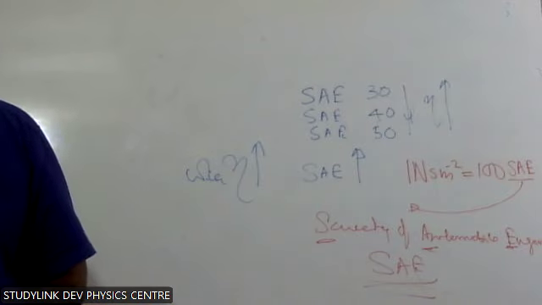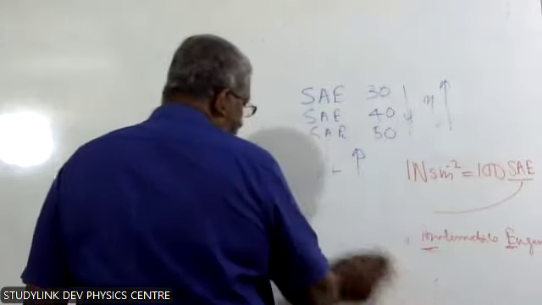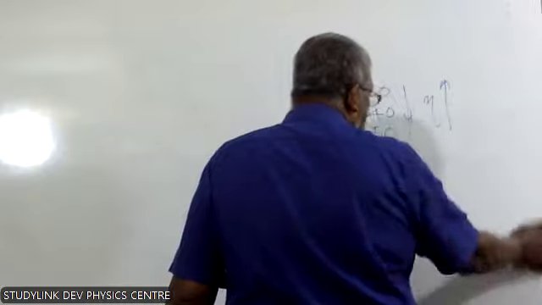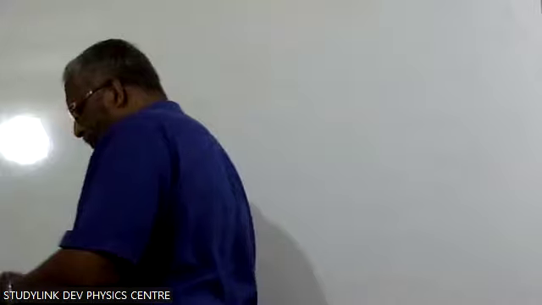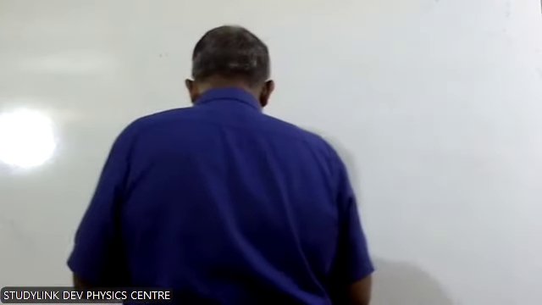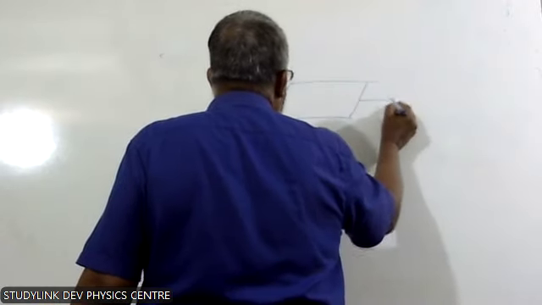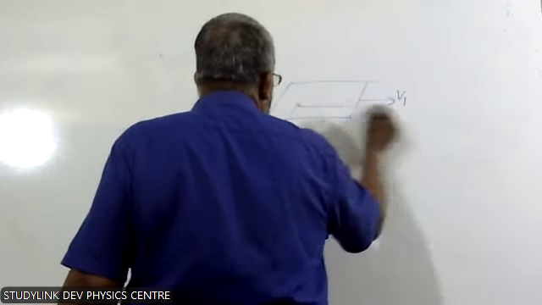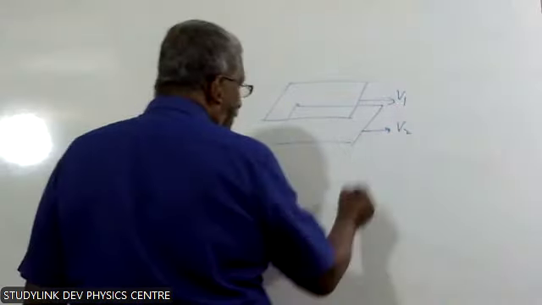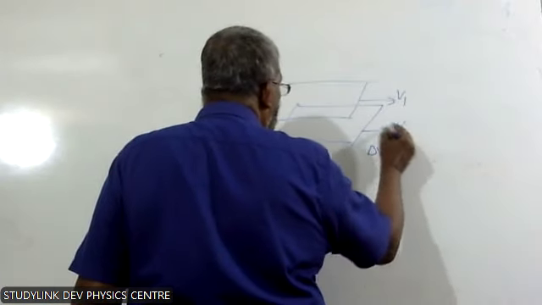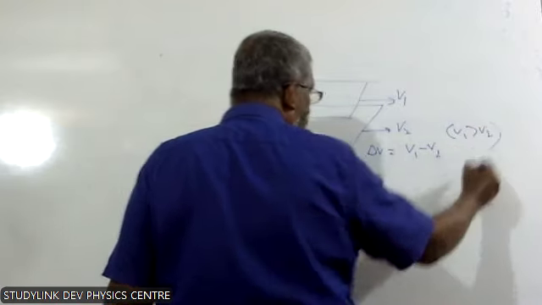Now we'll come to the theory related to the first equation. Before coming to the questions, I have to explain a few things. First, when one liquid layer is moving in the same direction with V1 and the other with V2, delta V is equal to V1 minus V2, where I consider V1 greater than V2.